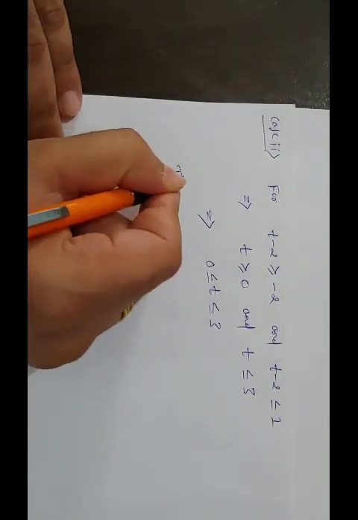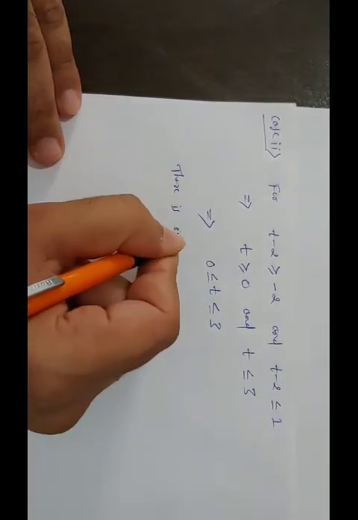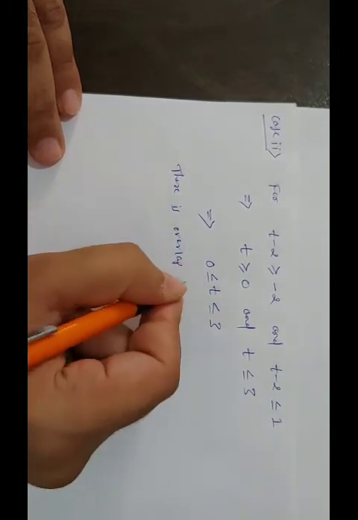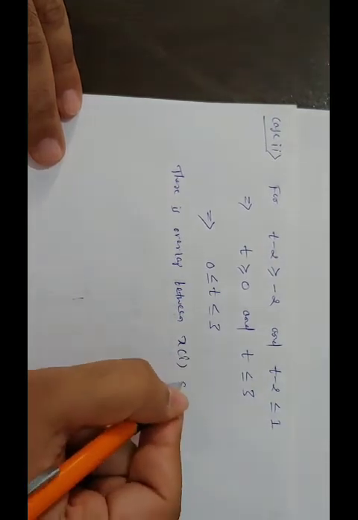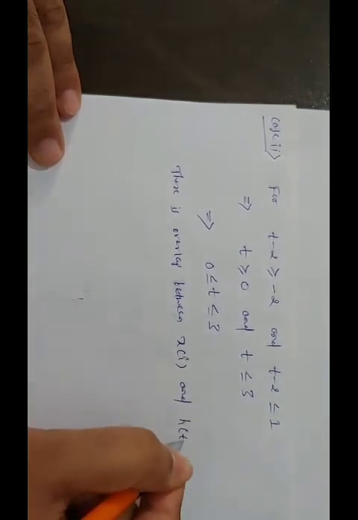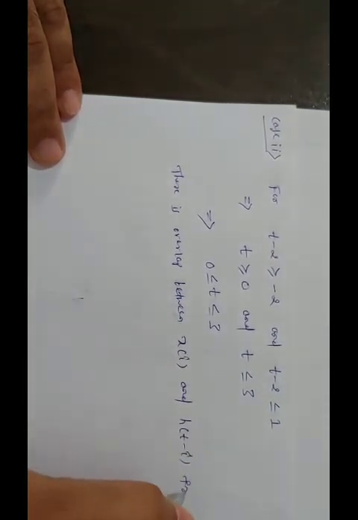Then there is overlap between x of tau and h of t minus tau, so let us define the range.